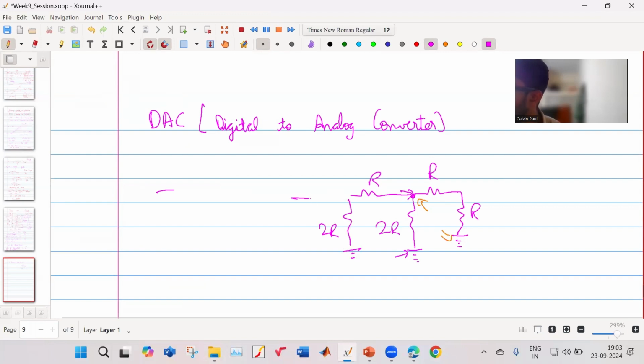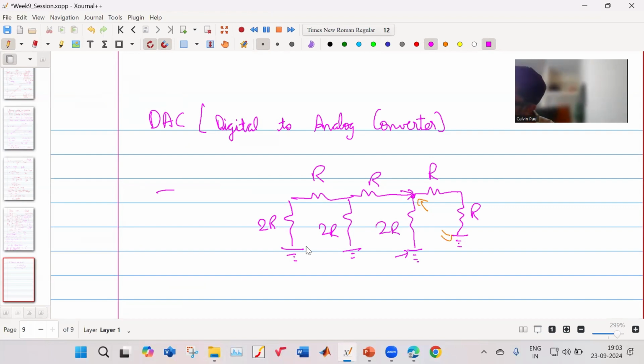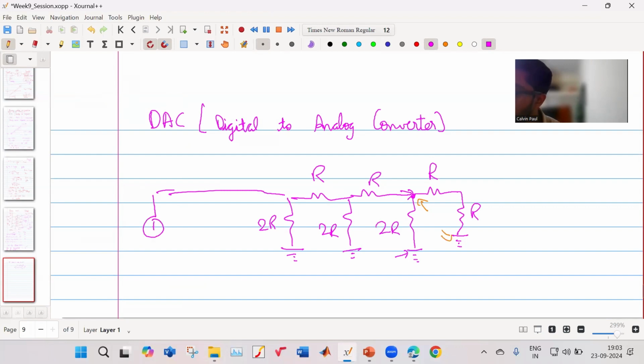Okay. Let me proceed. Now, if I apply some voltage over here, let us say V reference. So what will be the resistance seen over here?